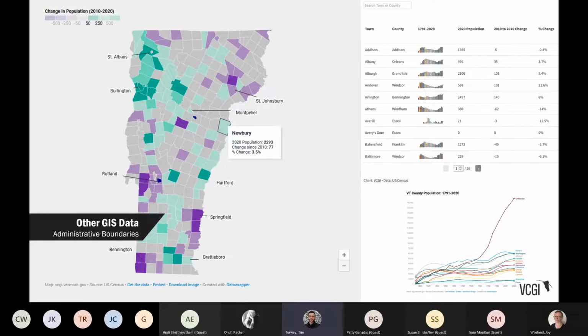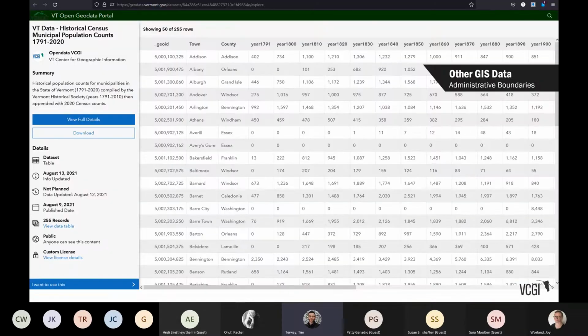And we also have, with our partners, available historical population data throughout Vermont. Those are both charts and data examples of how Vermont's population has changed by town and county over time. We have that available as tabular data that I will share links with in the future here. Slides, here we go.